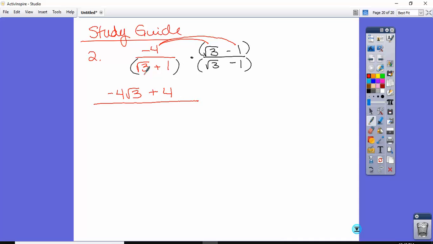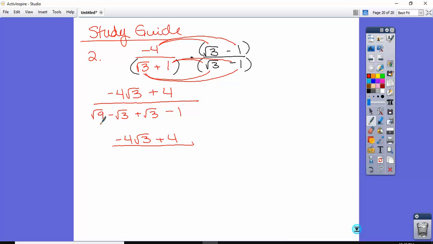Denominator, we FOIL, so we get radical 9 minus radical 3 plus radical 3 minus 1. Square root of 9 is 3.